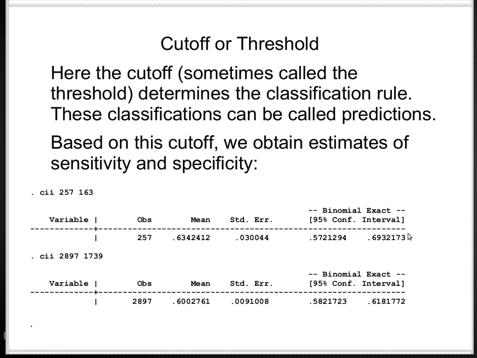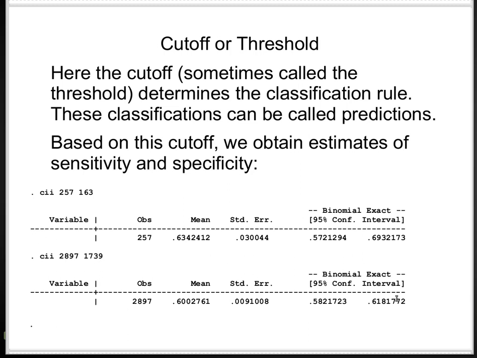Similarly, for the specificity, we get an estimate of the specificity and a confidence interval for the specificity, which in this instance we can see is much narrower. Why is that? Well, there were far more individuals in this study that did not have disease.